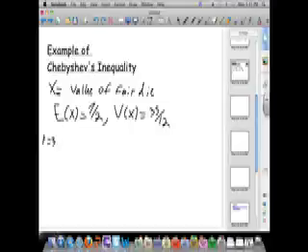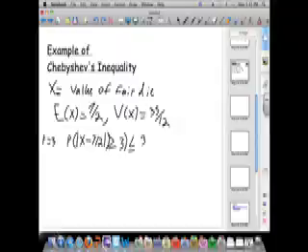Then we have the probability that the absolute value of x minus 7/2 is greater than or equal to 3 is less than or equal to (35 over 12) over 9, or 3 squared, which approximately equals 0.324.